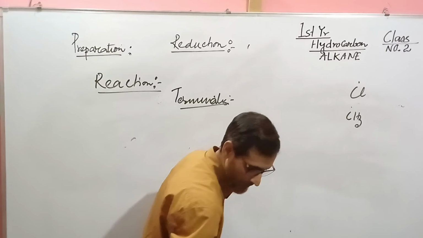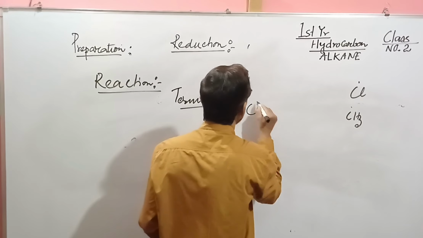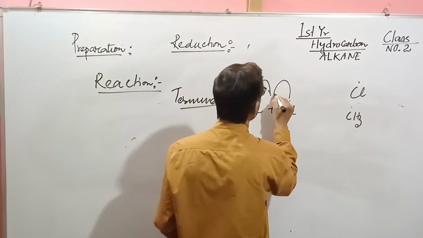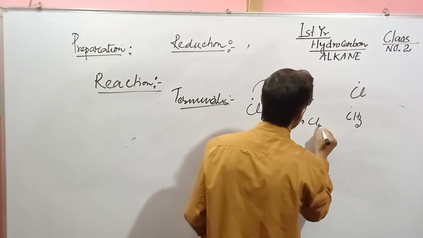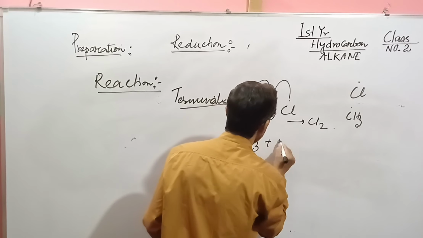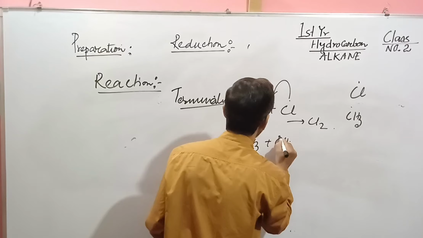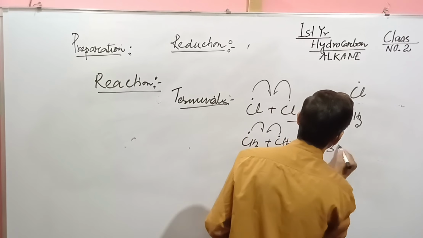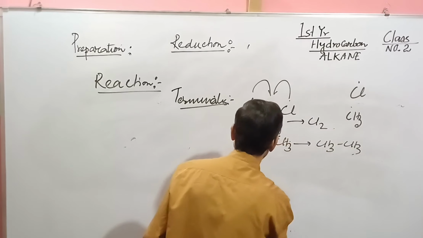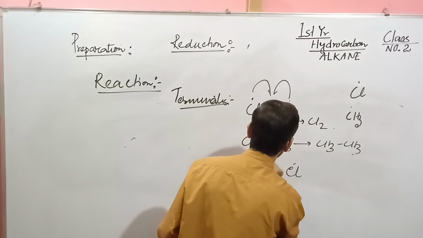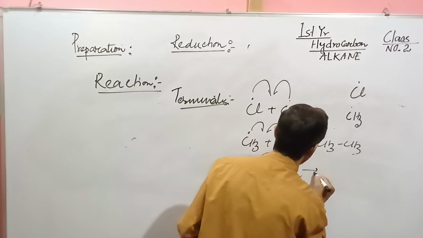So what happens now is that these free radicals combine to stop the reaction. Two methyl free radicals can combine together to give you ethane, or a methyl free radical can combine with chlorine radical and give you methyl chloride.